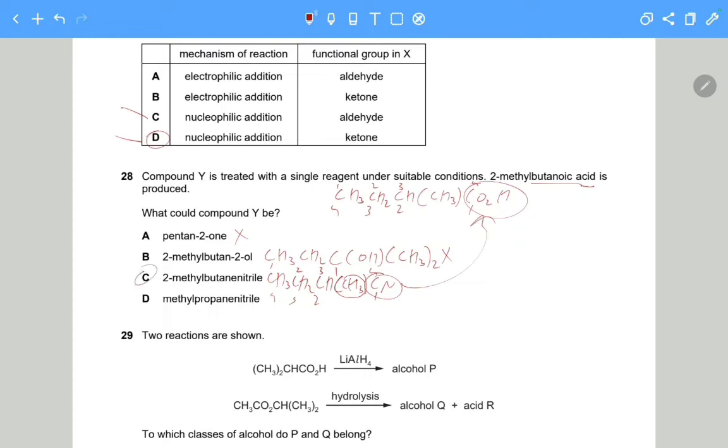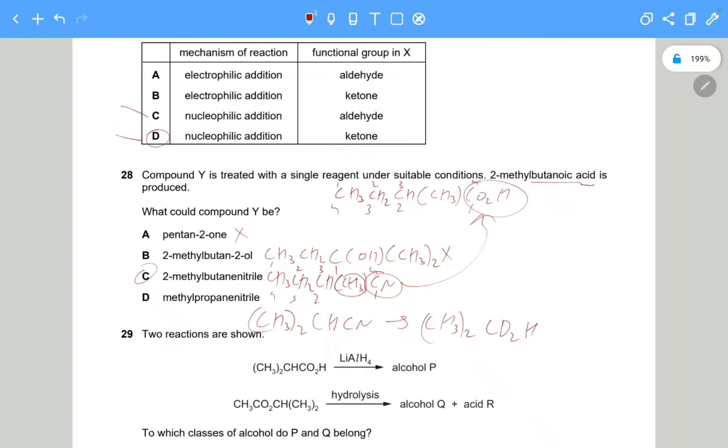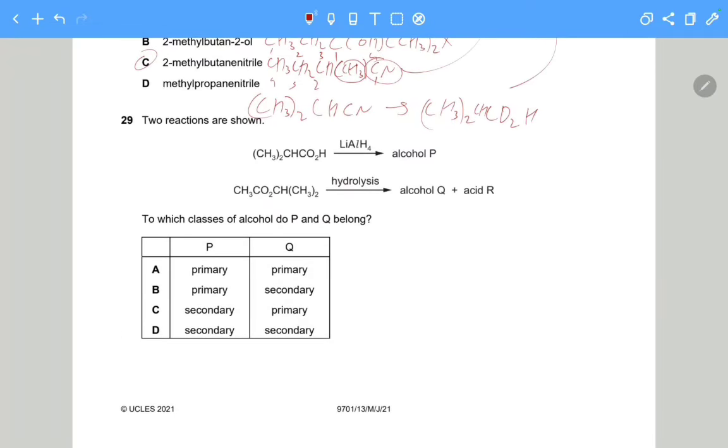So this sounds correct. The last one, methylpropanenitrile, is CH3 whole twice CHCN. This will give you CH3 whole twice CHCO2H upon hydrolysis, and that's not the same as this product. So option D cannot be correct. Option C is the answer.